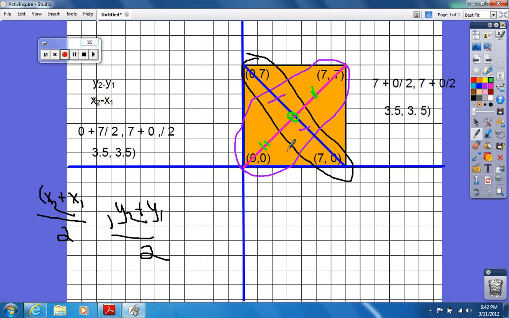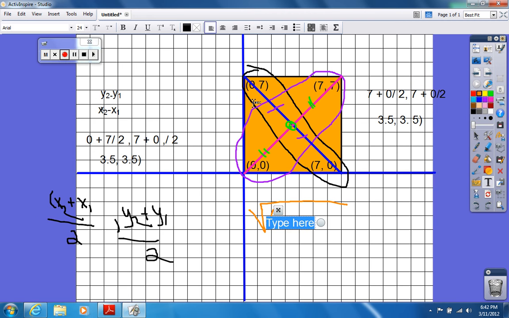So, all right, we're again going to use the distance formula, which we used a couple minutes ago. Let me go ahead and type this: the square root of 0 plus 3.5, and that's going to be squared.